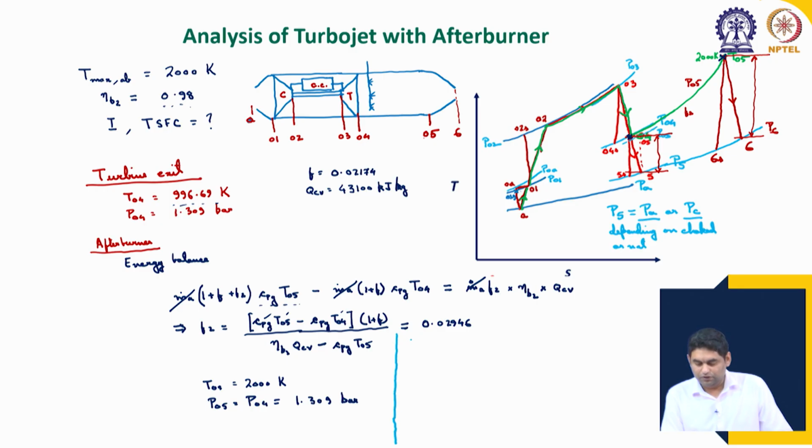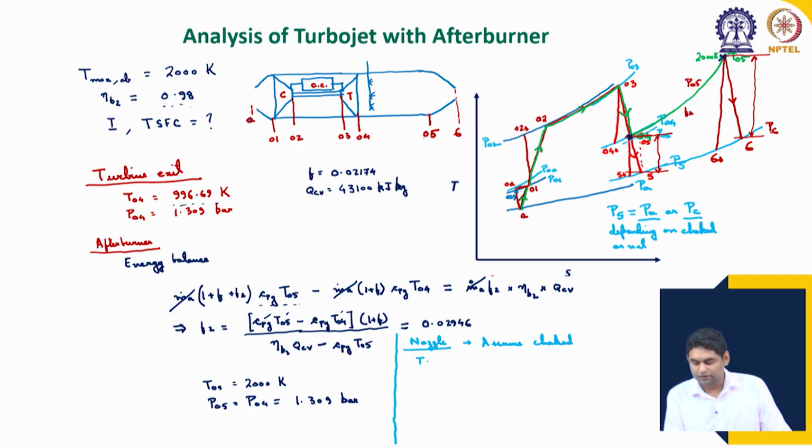Now for the nozzle, what do we know? We know that T05 is 2000 Kelvin, which is the entry point of the nozzle. Now, let us assume that the nozzle is choked. Then we will see what the critical values are.